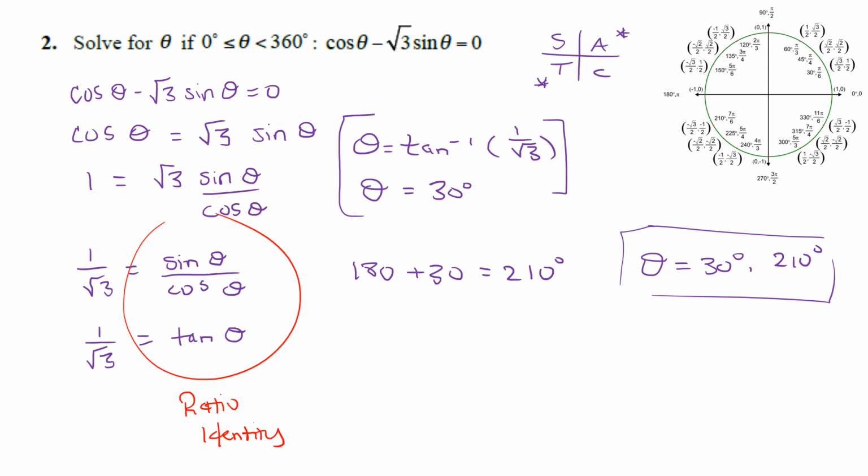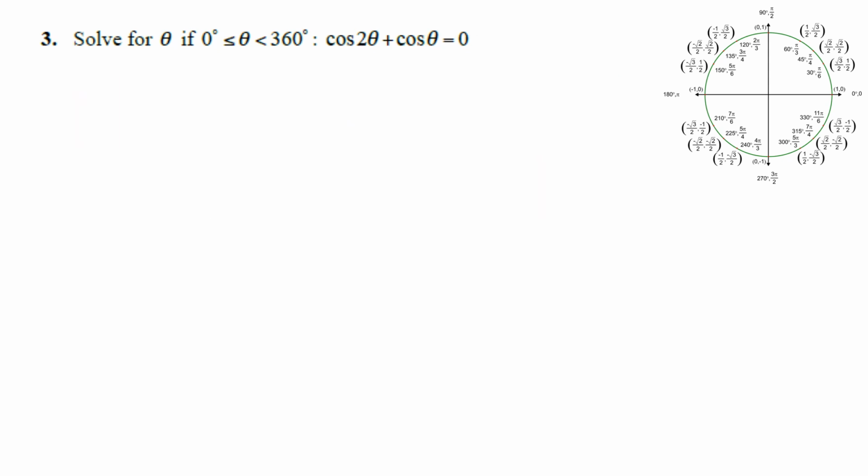All right. Okay. Question 3. We have the equation cosine 2 theta plus cosine theta equals 0. Now, cosine 2 theta is a double angle identity, so we can use any of the 3 that are provided.